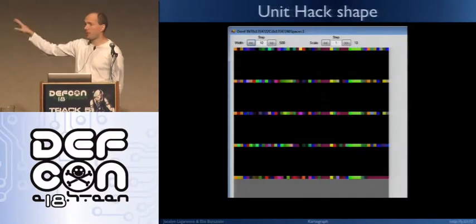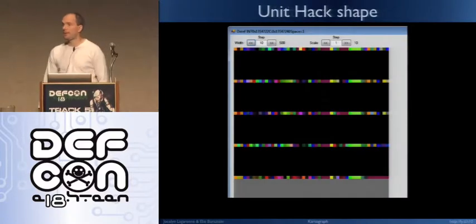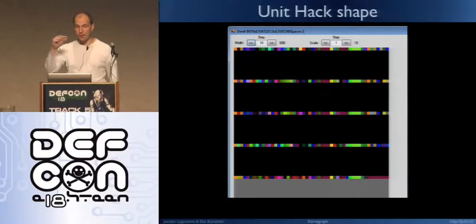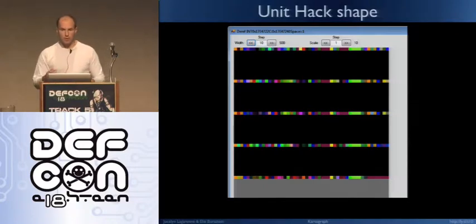This is a visualization of the unit list of Age of Empires 3, I guess. As you see, we have only strips. Each strip represents one unit, so if you have 5 units, it's 5 strips, and the black void between each unit is basically a bunch of memory which is not related to the unit list.